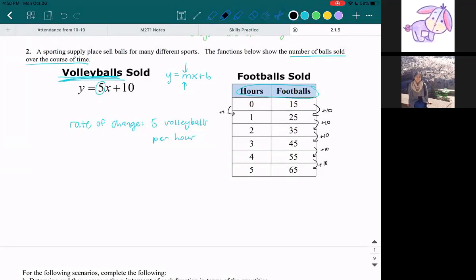We're increasing by 1, increasing by 1, increasing by 1, by 1, by 1. Okay, so you're going to take the right side numbers, and divide it by the left side numbers. So we have 10 divided by 1, which gives us 10. So our rate of change for the footballs is 10. 10 footballs.